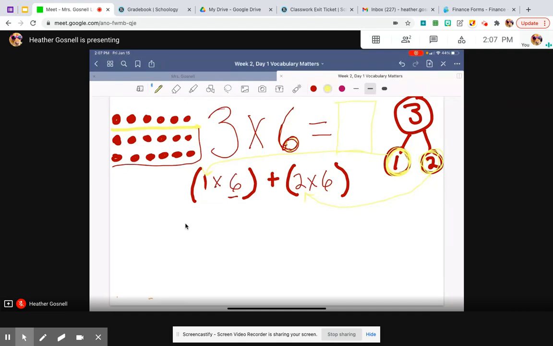Well, we have to solve what's inside of the parentheses first. 1 times 6 is 6. 2 times 6 is 12. Now, if we add these two together, we will get our final product. 6 plus 12 is 18. 3 times 6 is 18.